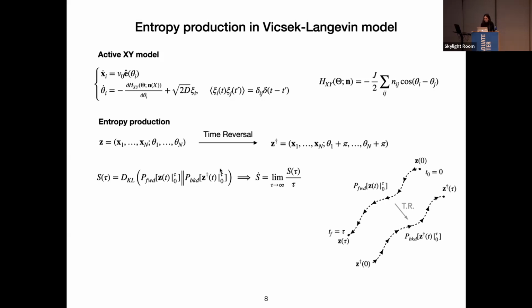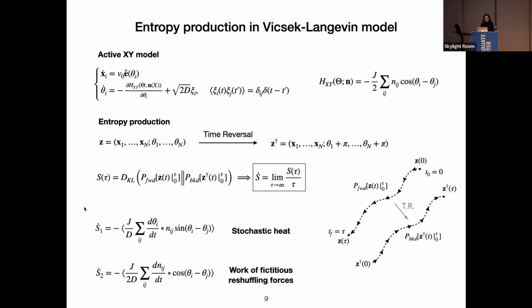However, with this interpretation, we're able to find 2 equivalent expressions for the entropy production rate. The first one can be interpreted as the rate of stochastic heat that this system of spins exchanges with the heat bath that is at temperature T. And the second expression can be interpreted as the work of some fictitious reshuffling forces that rewire the interaction network.